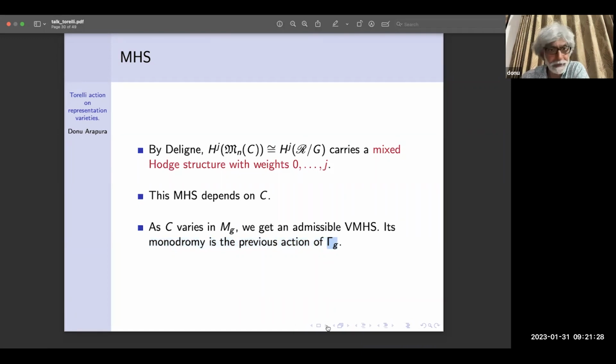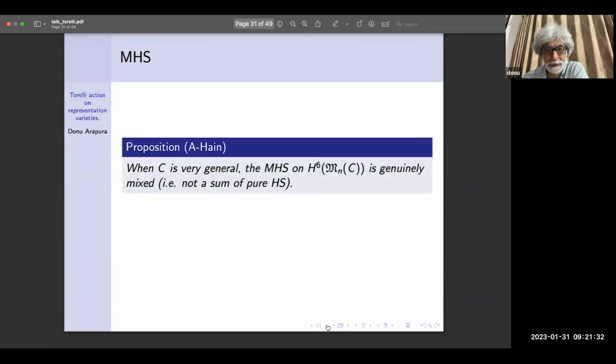All right, so what am I trying to say? Maybe this is really a special case of something that I'm going to talk about in a bit, but this is what I was trying to get to: if C is very general in moduli space, this mixed Hodge structure is genuinely mixed.